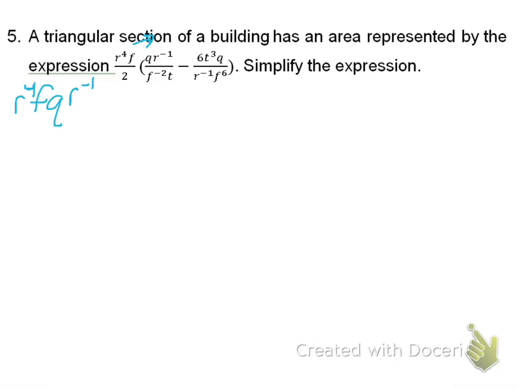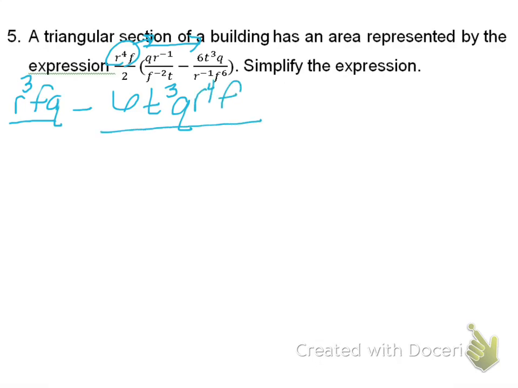Now I can go back here and combine my r to the fourth and r to the negative 1. So 4 plus negative 1 is going to be 3. So we're going to change this to r to the third power. Okay, and then in the next term, we have a 6 and a t cubed and a q, and then we have our r to the fourth and f as well.